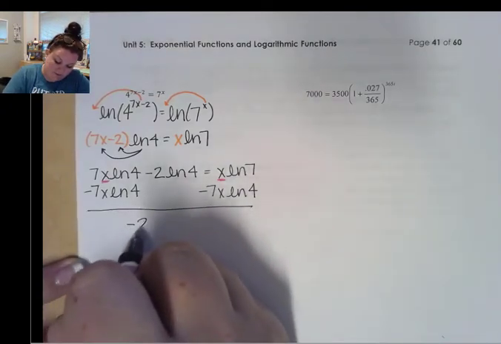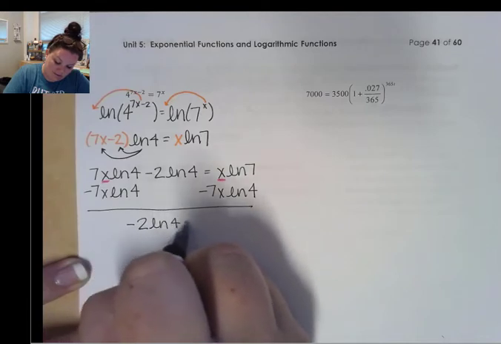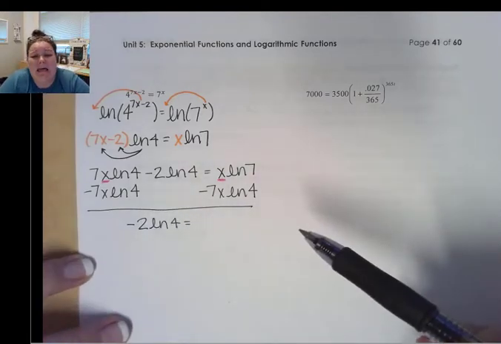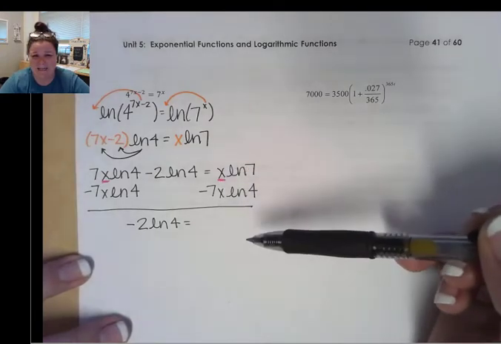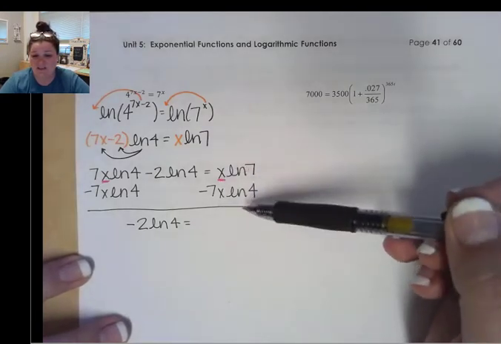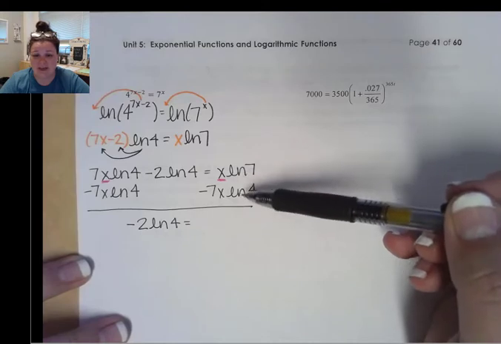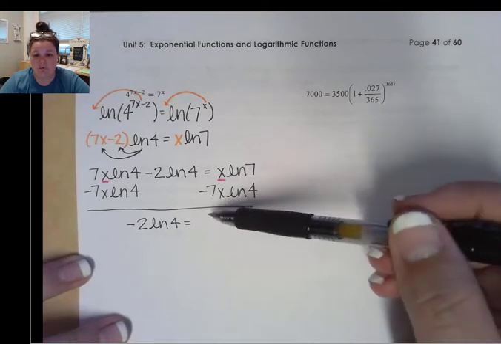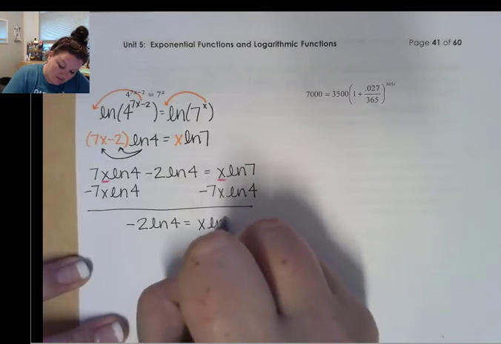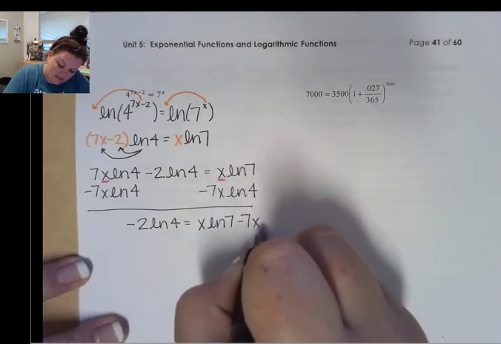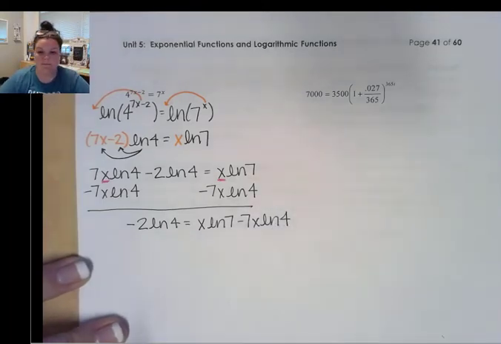So that leaves me with negative 2 ln 4 is equal to. Now, as badly as I would like to just subtract straight down, it looks like I can't. These are not like terms. They don't have the same ln values, so I'm just going to write them out side by side. So this gives me x ln 7 minus 7x ln 4. Okay.